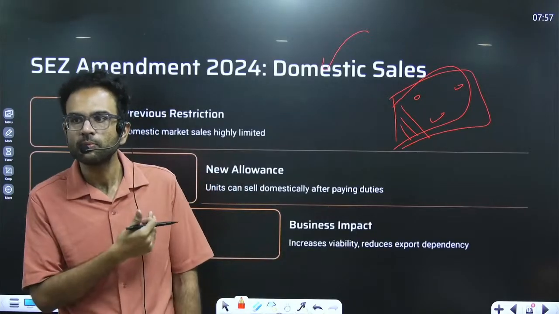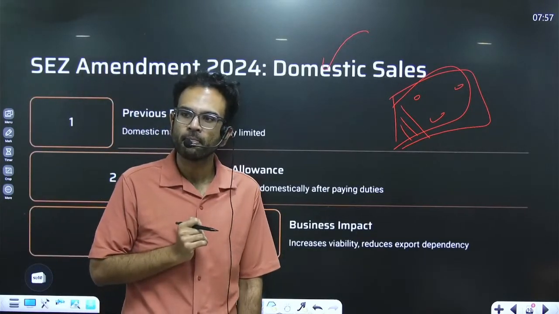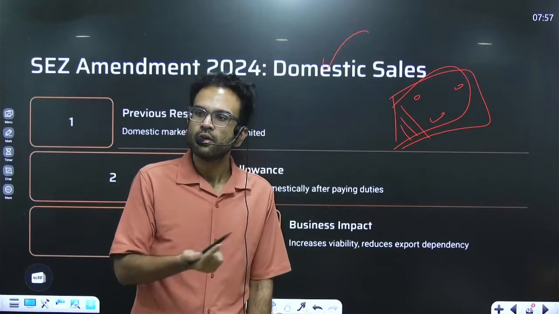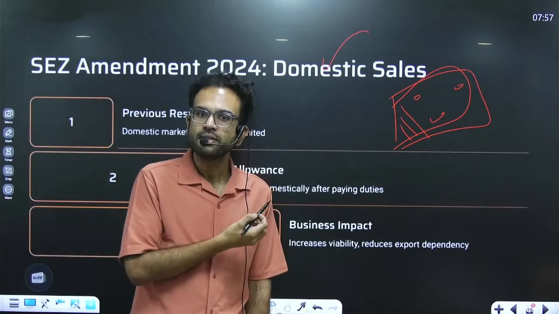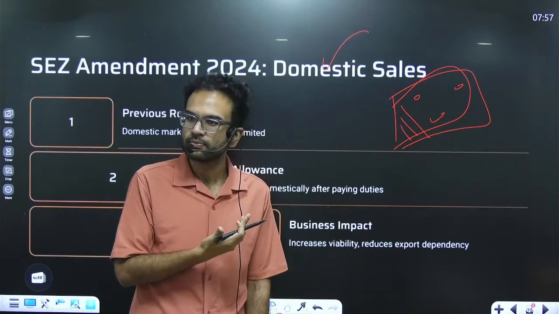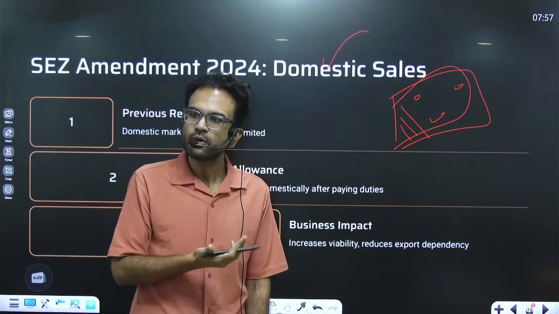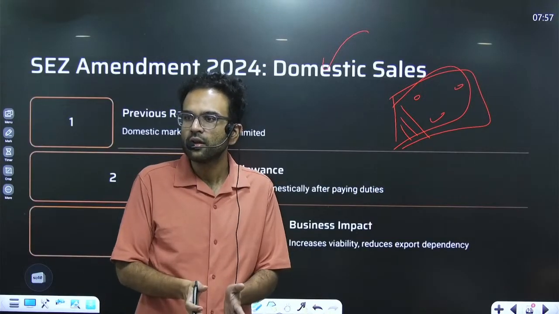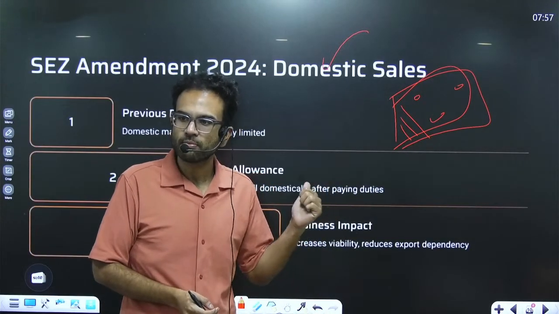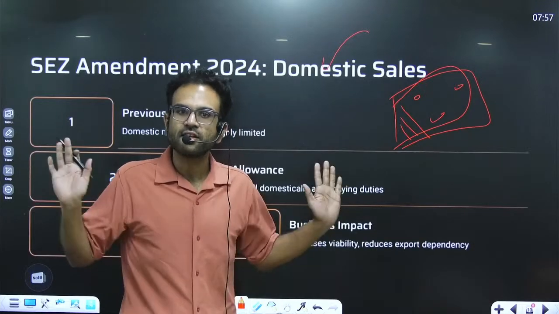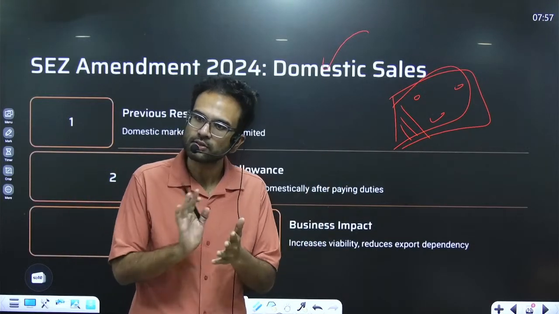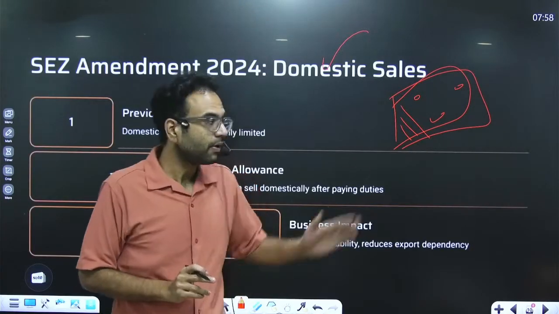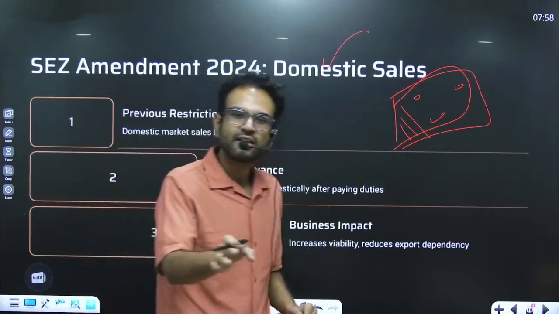They're not allowed to be sold in this country. This is increasing export dependency for companies in SEZs to make profit. And since we don't have other supporting infrastructure like logistics, it is becoming a huge pressure for these companies, and therefore they're just exiting these special economic zones. This is one reason why it is not working out. So to reduce that pressure, we have removed this. Now domestic sales are also allowed.